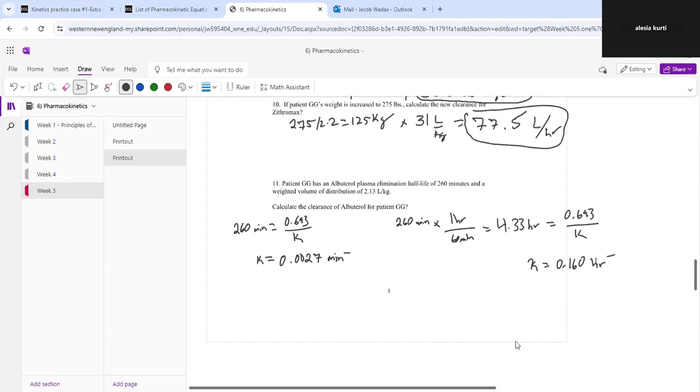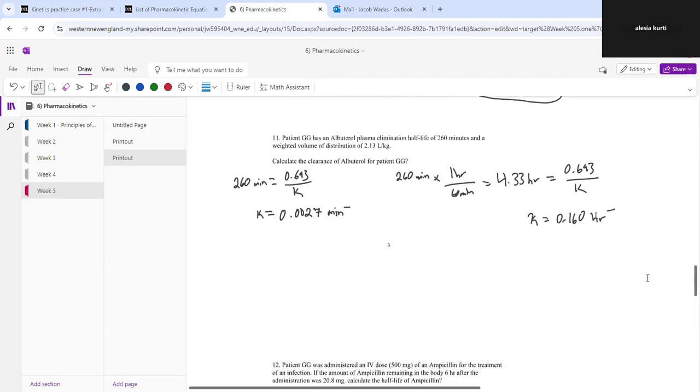Okay, so now to calculate clearance. First we solve for volume of distribution of the patient, which equals 2.13 times 64, which equals 136.32.